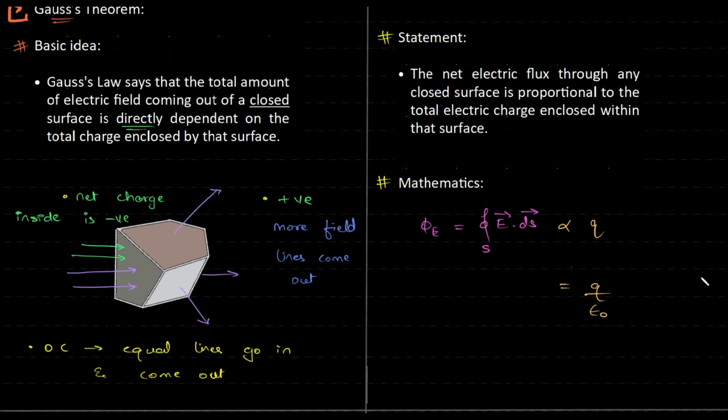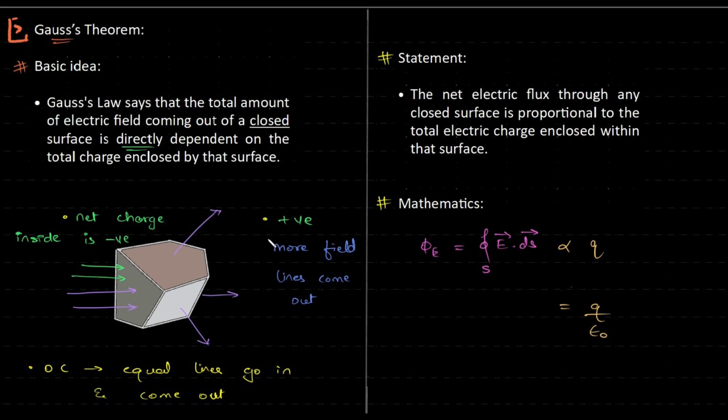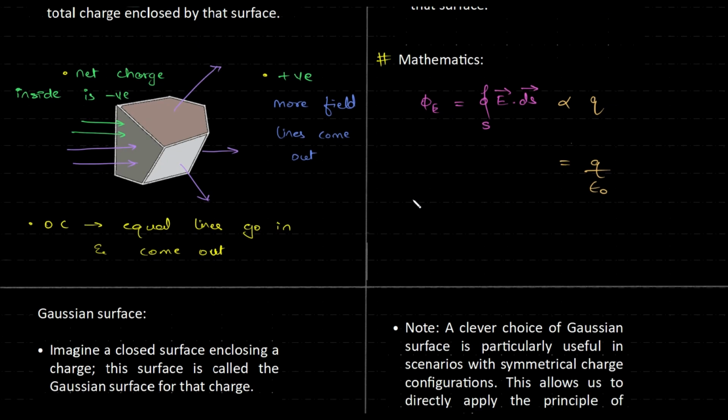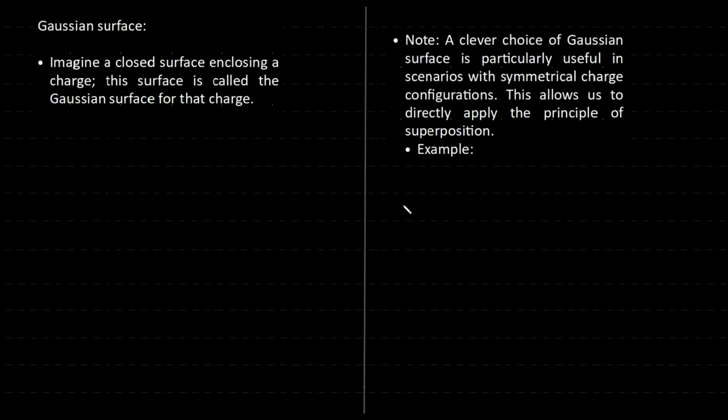Okay, guys. Before I move on, everywhere we have this surface. This Gauss person's name is also related to those surfaces, and that is your Gaussian surface. It's an imaginary closed surface enclosing charges or no charges. The surface is called a Gaussian surface for that charge. So we have, say, a bunch of charges and it is enclosed by some surface, a three-dimensional surface.